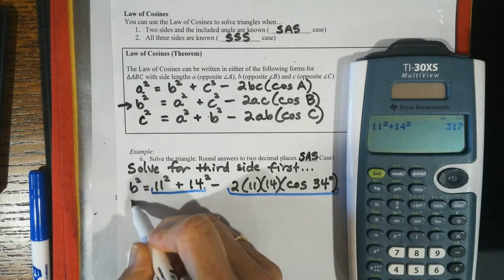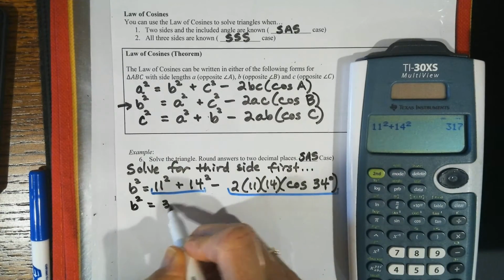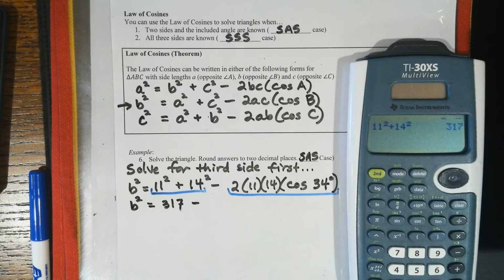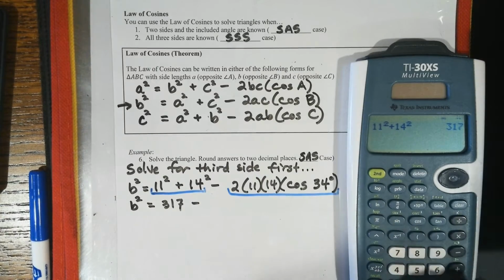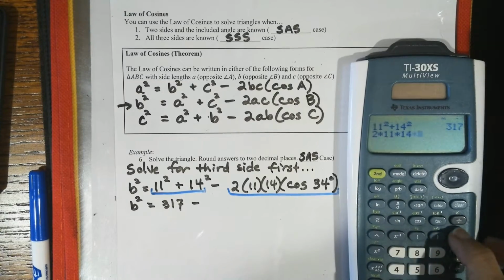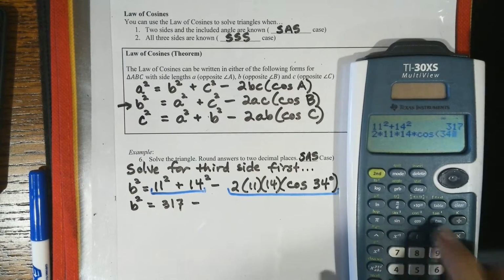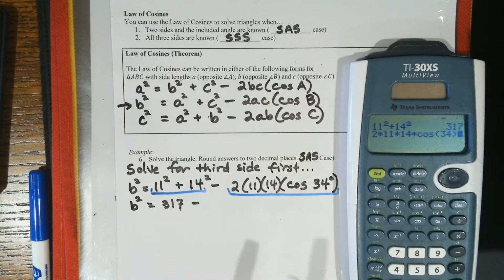It's 317 minus. And then I'm going to do these numbers separately just to keep track. So 2 times 11 times 14 times cosine 34. And I know that on this kind, I can just go straight forward and it'll give me that.